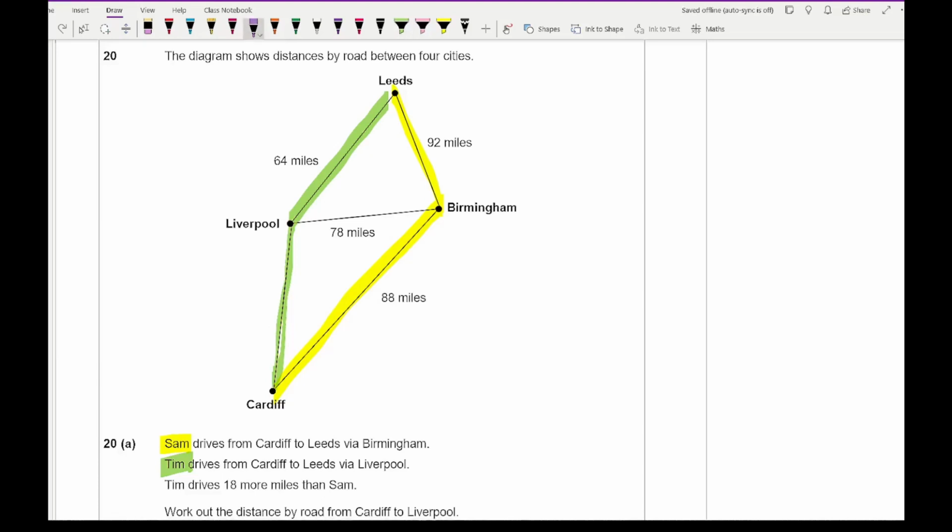So what we wanted to work out is this distance here, which we don't know, so I'm just going to call that x. Now, Sam travels 88 plus 92, which is 180 miles.